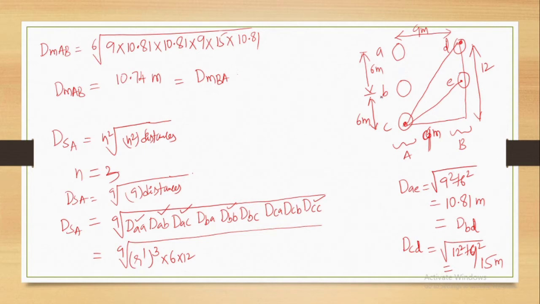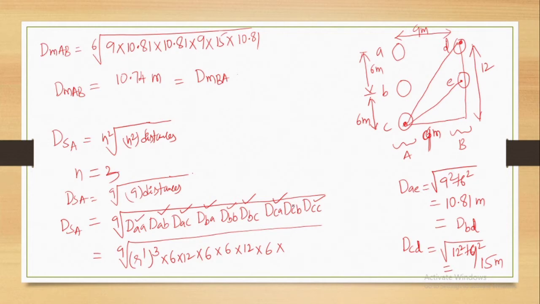Next, A to B distance is the same as B to A distance, and it is 6. It is also completed. Now DBC, B to C distance is also 6, given in the problem. And C to A distance is the same as A to C distance, which is 12. And C to B distance is the same as B to C distance, which is 6. And DCC is already completed.